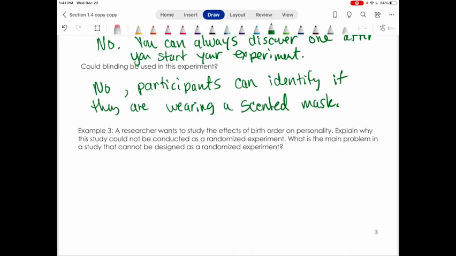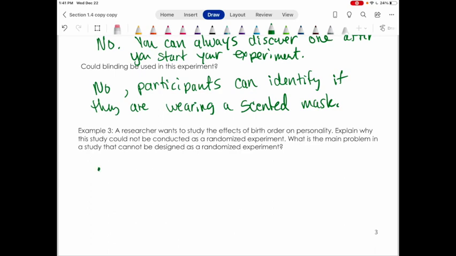So the researcher wants to study the effects of birth order on personality. Explain why this study could not be conducted as a randomized experiment. What is the main problem in a study that cannot be designed as a randomized experiment? You can't randomize birth order. You're going to be born if you're going to be born.